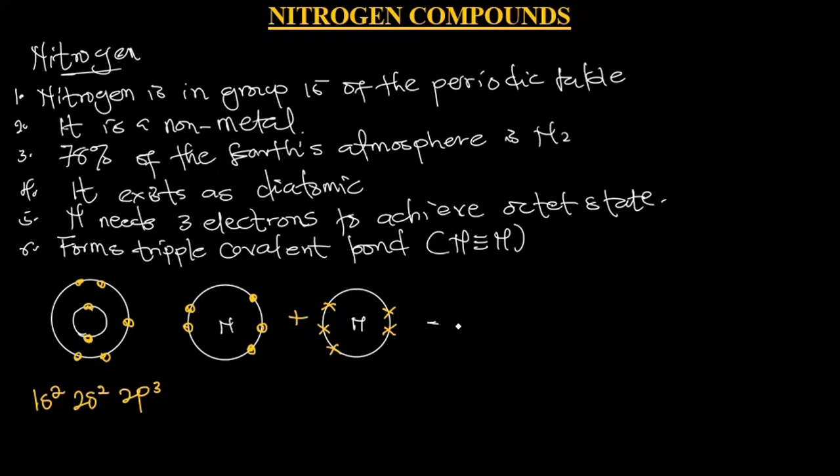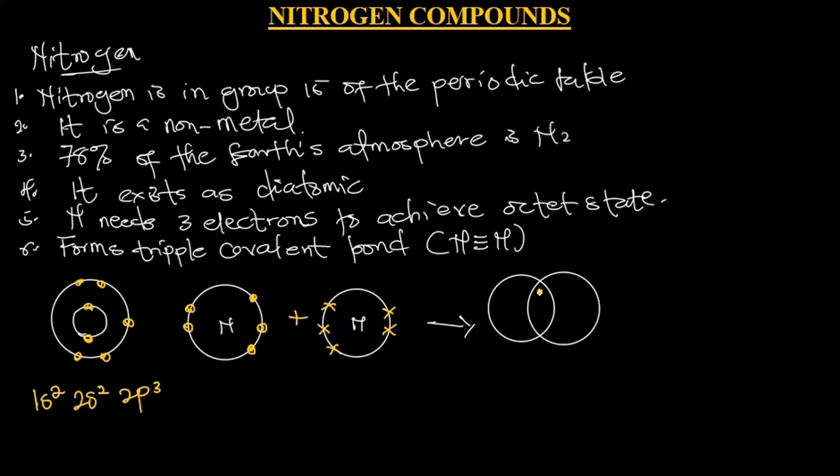So this combines and gives me 2 shells intercepting each other. So in the intercept, I need to indicate the triple bond.